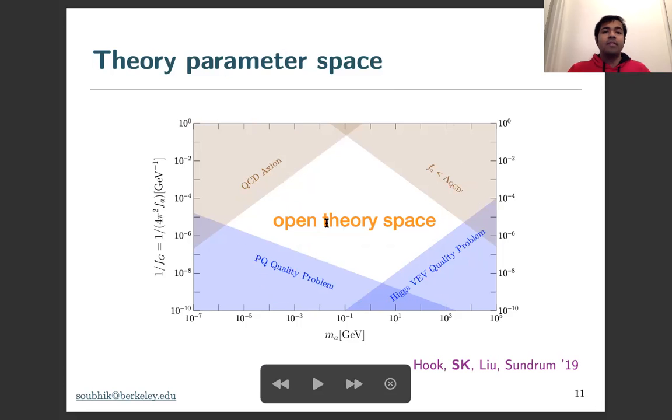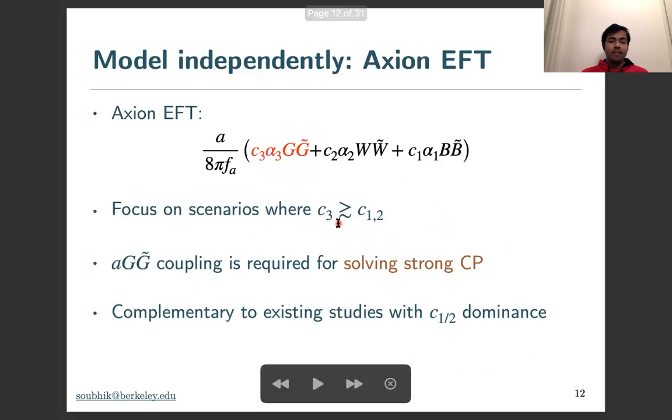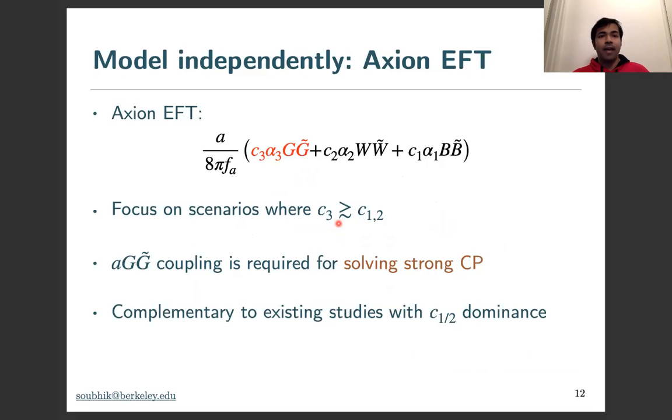So the summary here is that in these classes of models, there is a large amount of space, but still a sort of compact amount of parameter space that does remain open, where you address both the strong CP and the quality problem. Okay, so now let's ask what kind of experimental constraints we have.